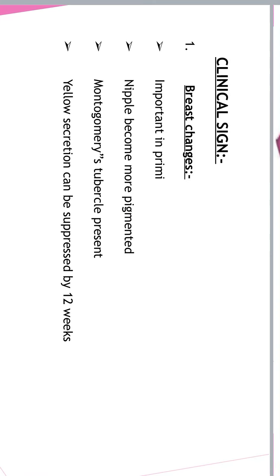So the nipple becomes more pigmented and dark. Montgomery's tubercles are present. What is a Montgomery's tubercle? They are small, elevated portions around the nipple in the areola.